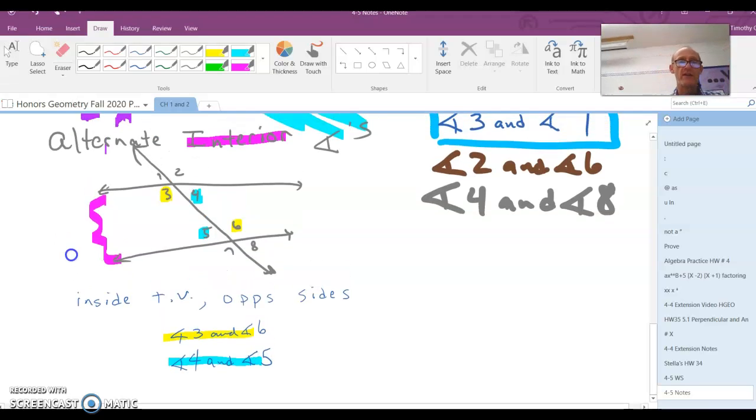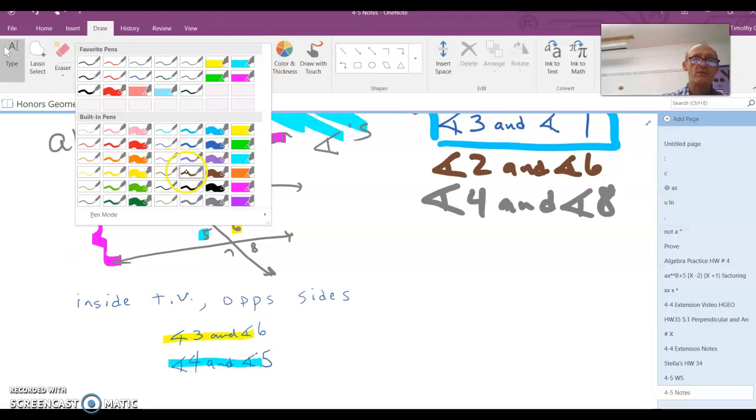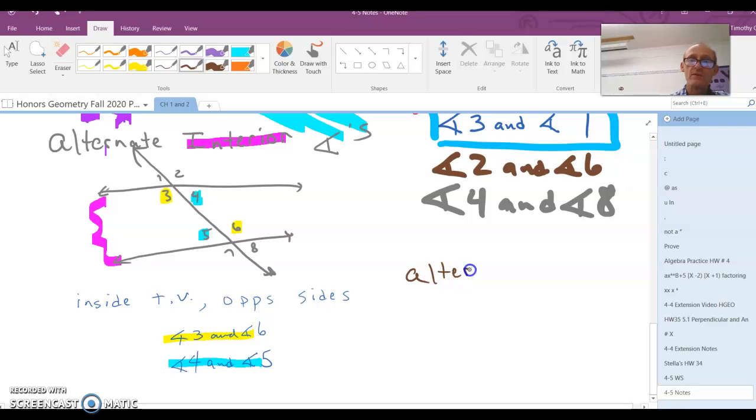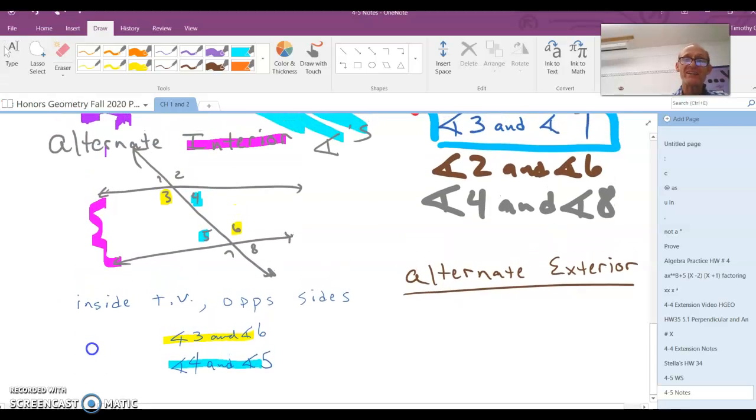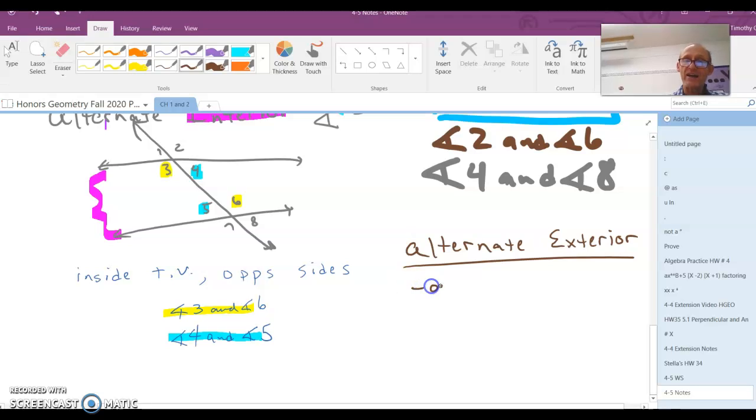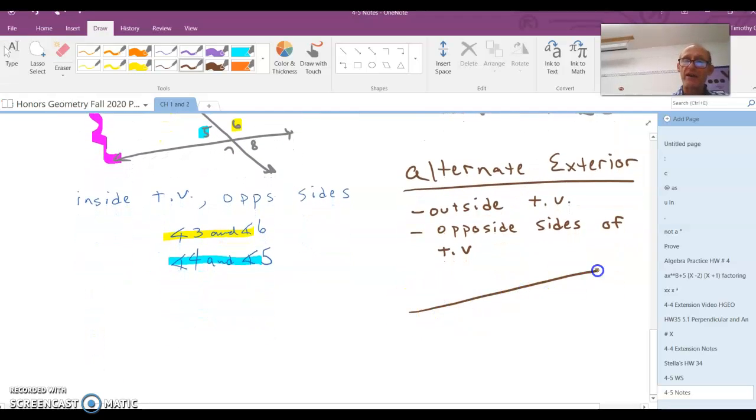So that's alternate interior. Now, the last set of angle pairs is alternate exterior. Those are just like alternate interior, but they're outside, on opposite sides of the transversal. Alternate exterior angles look like this.